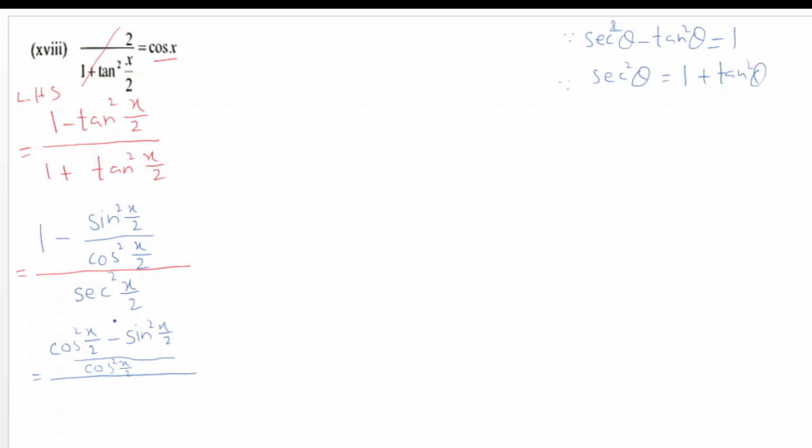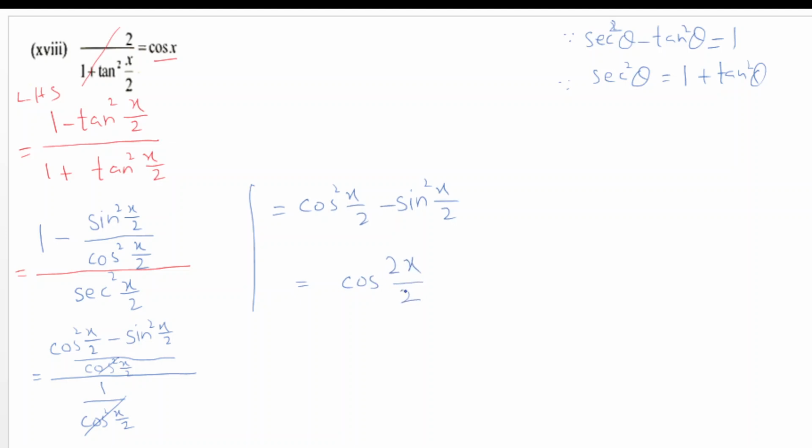Okay, and we can write for secant 1 over cos square x by 2. Okay, so as you see this, so these two are same, they will cancel like this. So what the remaining over here, let me write here cos square x by 2 minus sine square x by 2. So that will be equal to cos 2x by 2.